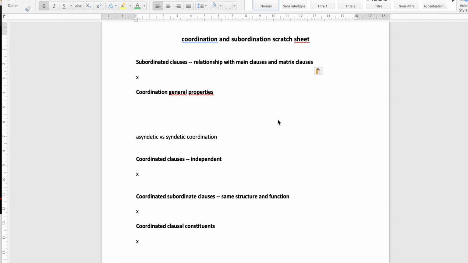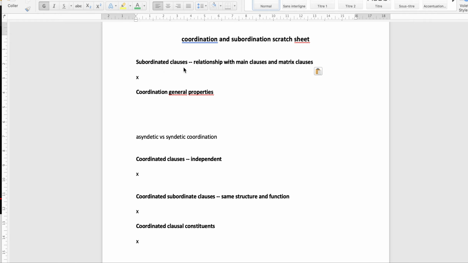It's a question of seeing the relationships between things and how everything fits together in a sentence. And at the end, when we look at the combination between coordinated and subordinate clauses, we're going to see that we can combine them in a lot of ways to make very large complex sentences.